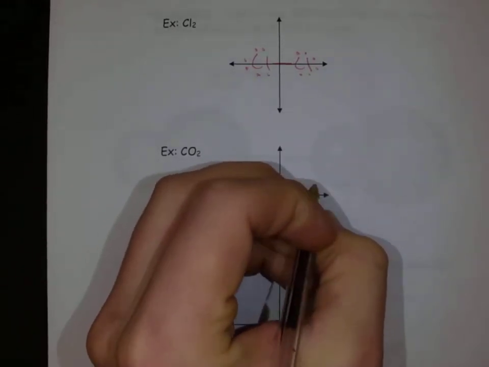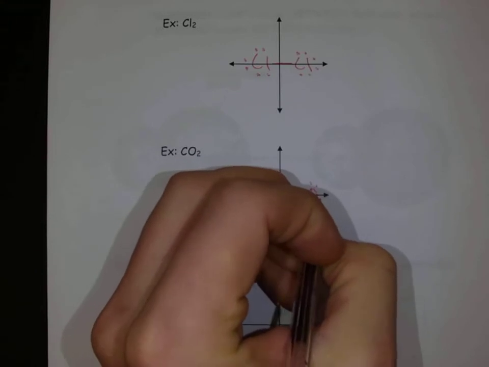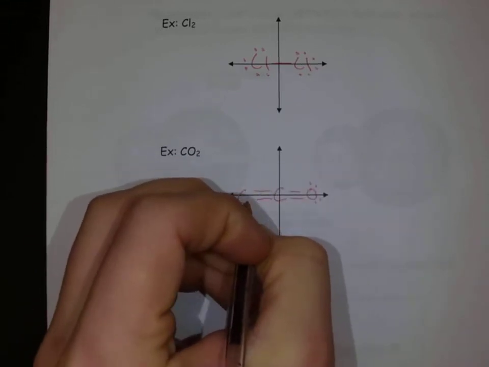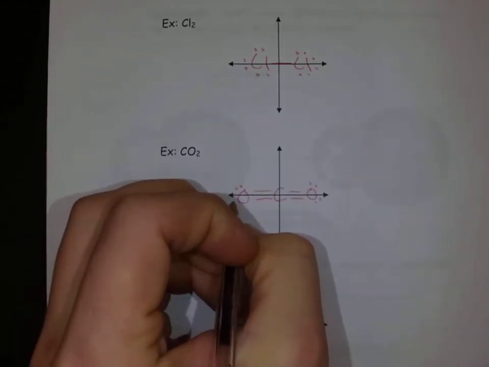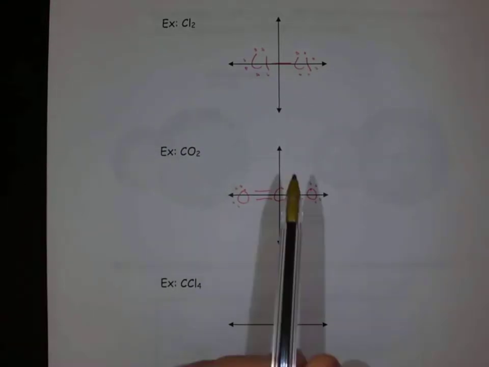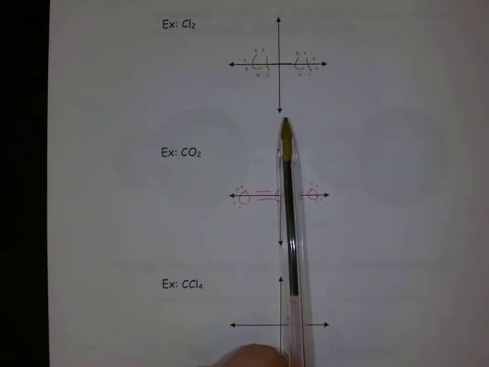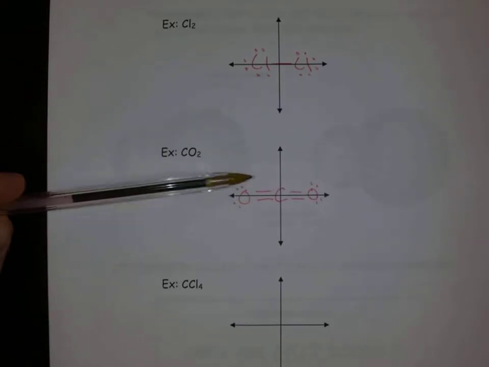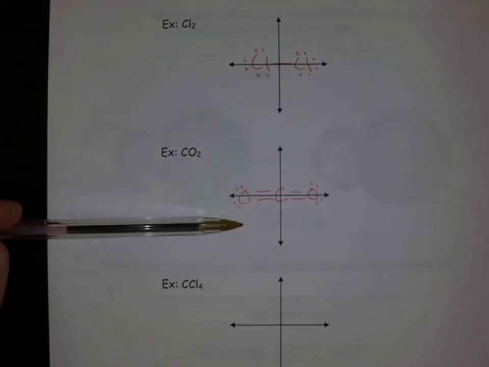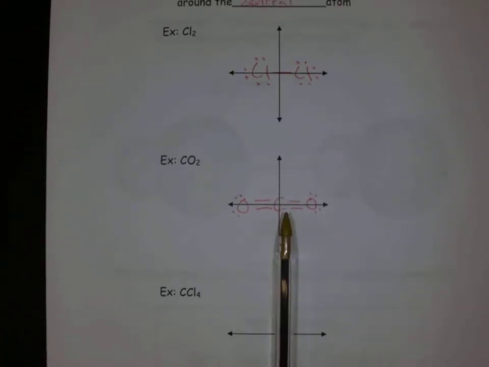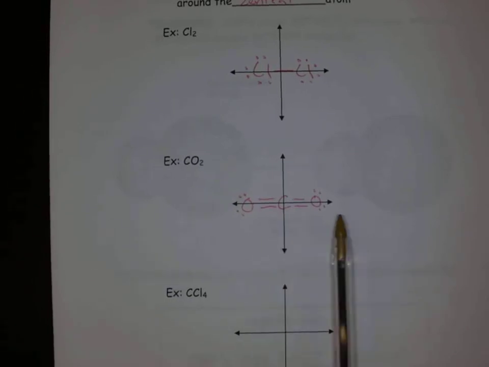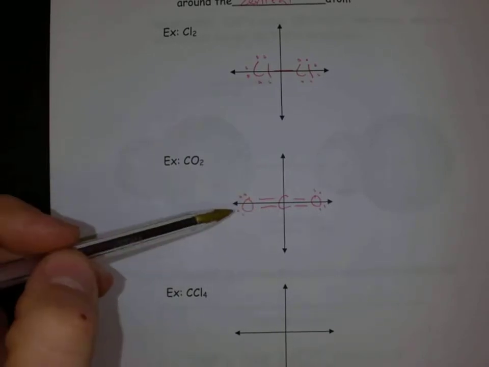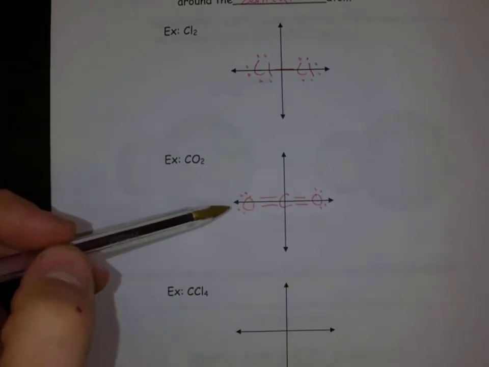CO2, we would say, okay, we've got oxygen on that side, oxygen on this side, right? And what we can see is that we have a mirror this way and we have a mirror this way, right? The electrons on the top are the same as the electrons on the bottom. The electrons this way are the same as the electrons this way. So we have equal sharing of electrons, and so that results in us having a nonpolar molecule, okay?